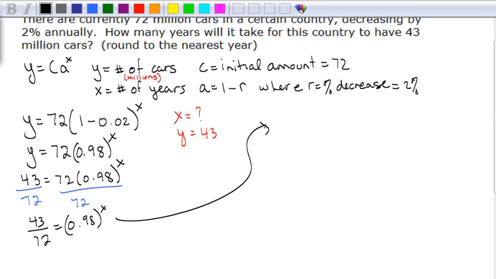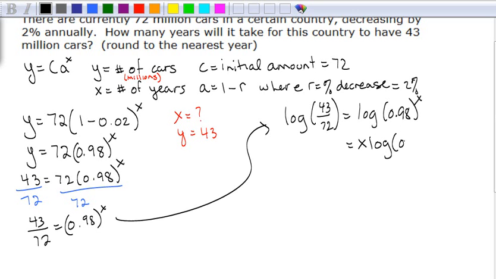And then what we can do is take the log of both sides. Log of the left equals log of the right. And then on the right side, I can bring down that x. That's one of our properties of logs. Nothing changes on the left, so I'll just rewrite that.